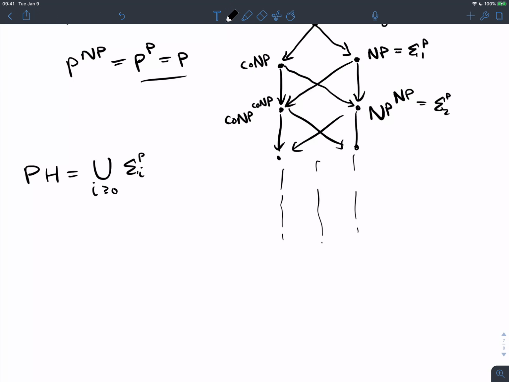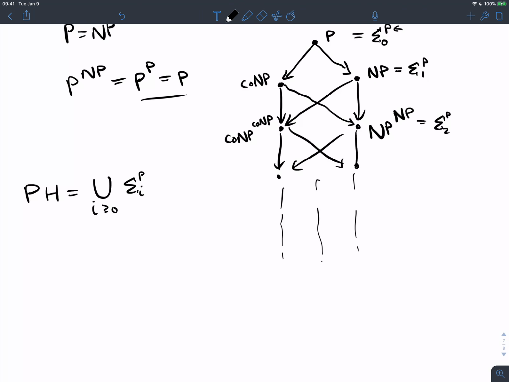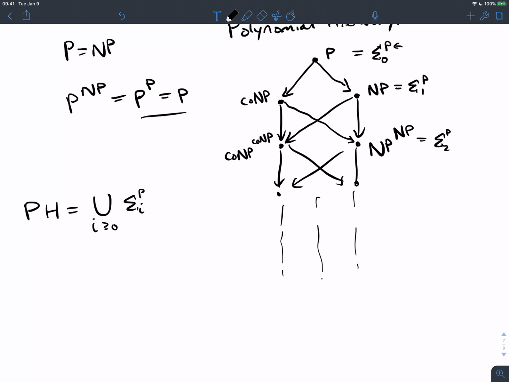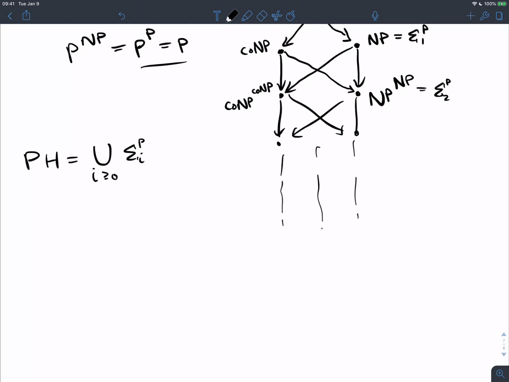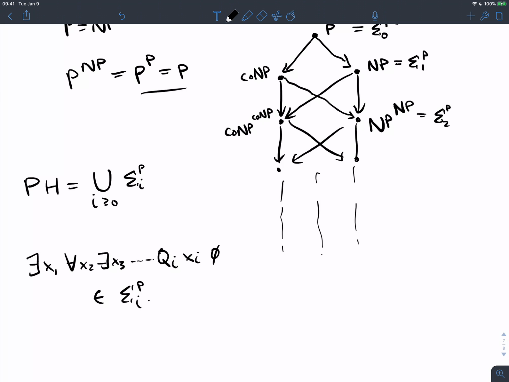I'm not going to prove this, but one of the reasons we introduced TQBF is if we restrict the number of quantifiers to i quantifiers, so TQBF allows for any number of quantifiers, but if I restrict you to exactly i quantifiers, then that belongs to sigma i to the P. So if we consider something of the form exists x1, for all x2, exists x3, etc., then a formula, the problem can be decided in sigma i to the P. The basic proof is you can just ask the oracle for the first i minus 1 layers and then run the actual algorithm on the last layer.